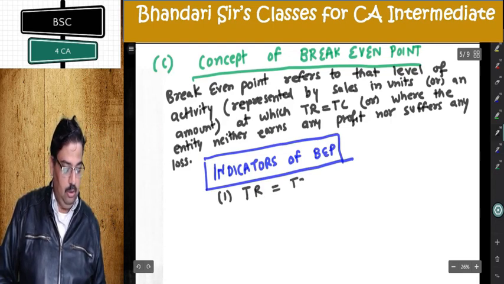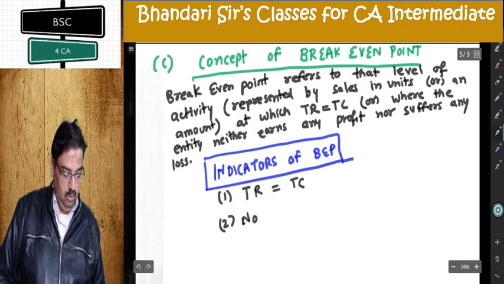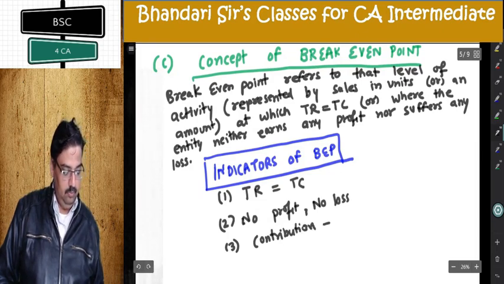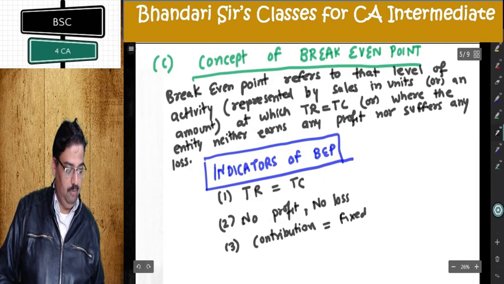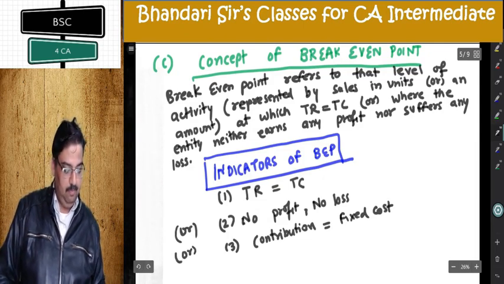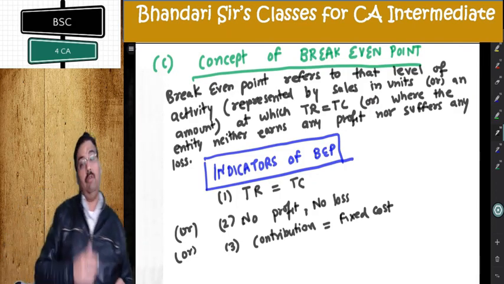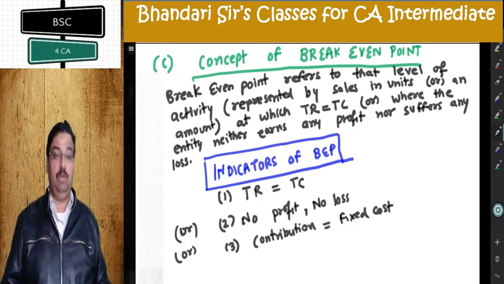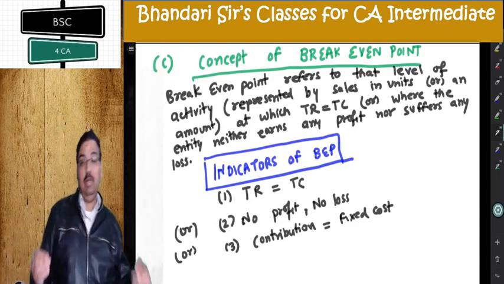Total revenue equals total cost, no profit, no loss, or third one is contribution equals fixed cost. Meaning of all 3 indicators is the same. When total revenue is equal to total cost, there will be no profit, no loss. And at that level, contribution shall be equal to fixed cost. So, all 3 indicators will be at the same level.